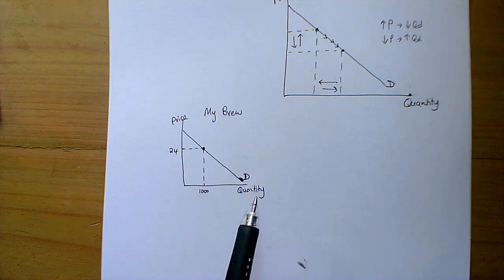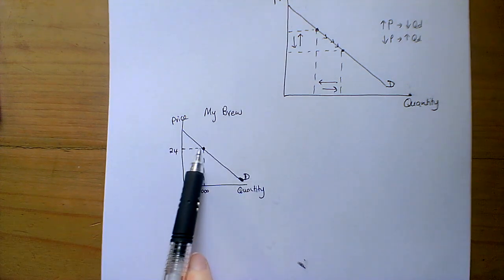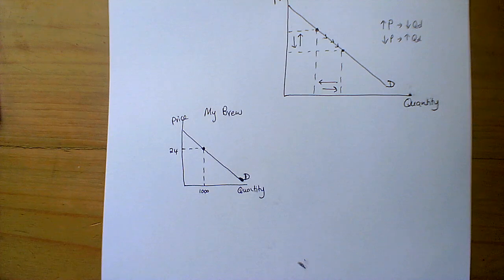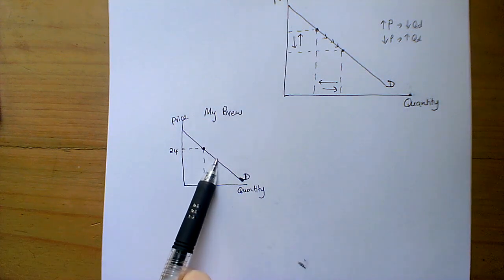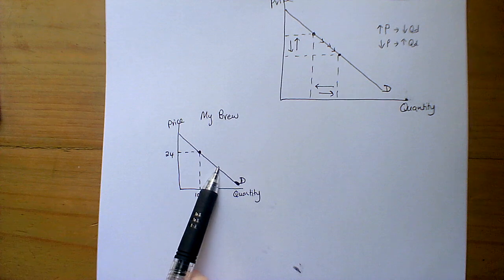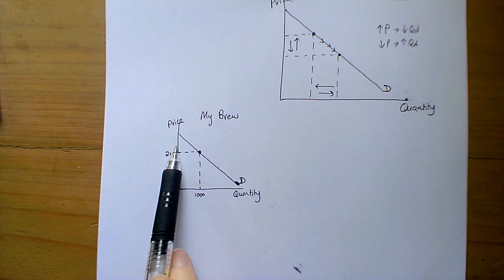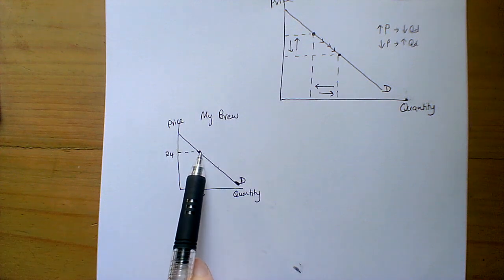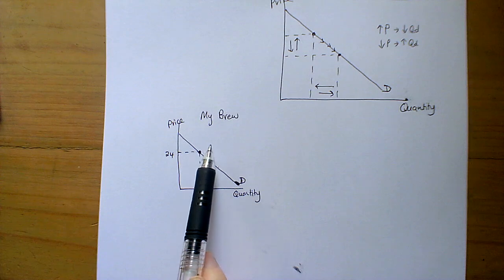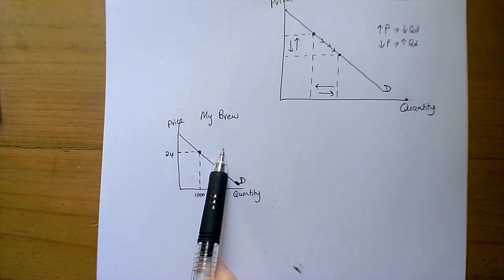So when MyBrew advertises, they're not changing their price necessarily. I mean, we know that price discounts could be used to encourage people to buy, but that would be us moving down the demand curve, right? We would just lower the price and move ourselves down the demand curve. But what I'm saying now is they're holding their price constant, but they're introducing some marketing campaign that increases how much coffee people buy at their current price.